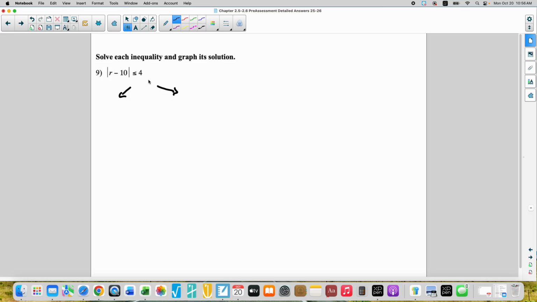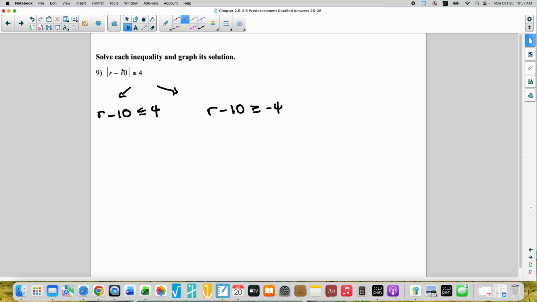Well, 4 and negative 4 would have a distance of 4. So we're going to take what's inside and we're going to pull down that inequality. And then we're going to write that same thing inside, but this time we're going to flip the inequality and make it negative. Hence why we flipped, because we introduced a negative. And so we flip that inequality. It has to be outside of that distance. Good. All right. So further away.